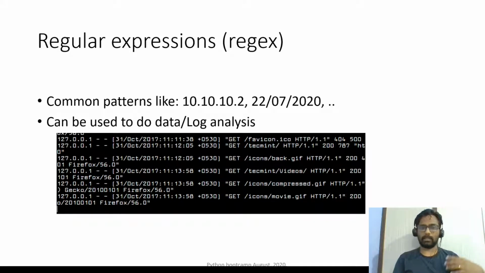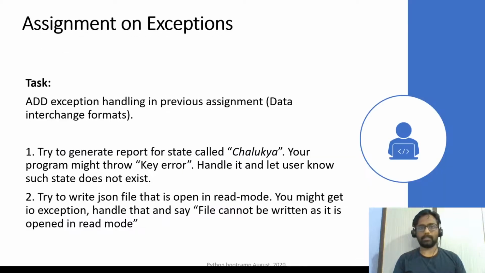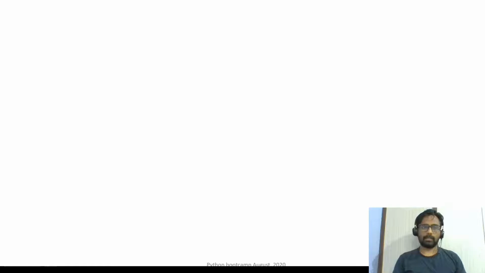You can read more about regular expressions. It's a big concept in itself. So don't try to write your own regular expressions, because you can go wrong. For simple ones you can do it, but for complex ones you should search for them and try to understand them. Then you can do the further processing. So that was about regular expressions.